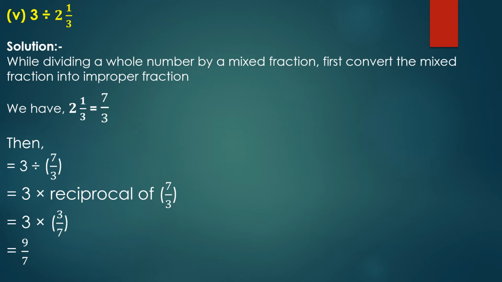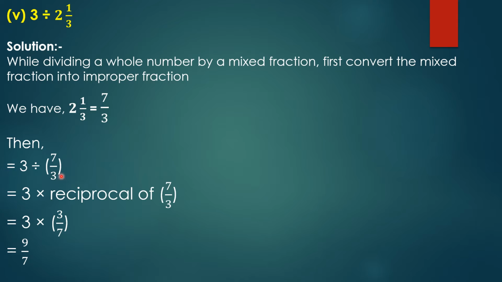The next question is 3 divided by 2 1 by 3. Okay, so here we are dividing a whole number by a mixed fraction. So we have to convert the mixed fraction into an improper fraction first. Take 2 1 by 3, which is equal to 3 twos are 6, 6 plus 1 is 7. So this is 7 by 3. Now our question will become 3 divided by 7 by 3.